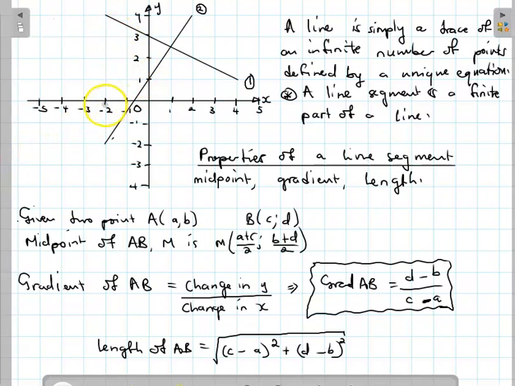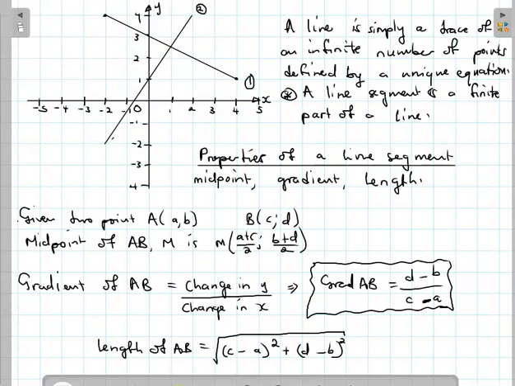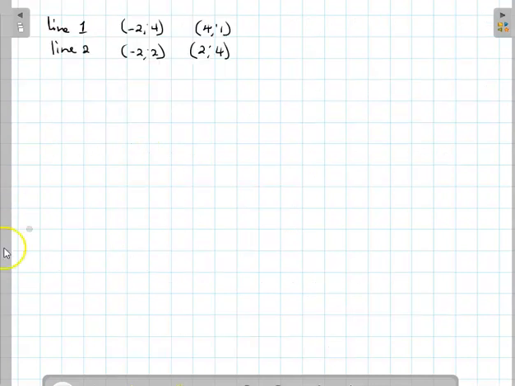Line 1 starts here at negative 2, 4, and it ends at 4, 1. So line 1 is negative 2, 4, 4, 1. And then line 2 starts at negative 2, 2, and ends at 2, 4, if I'm not mistaken. Let's just cross-check. Right, so those are the coordinates of our points.